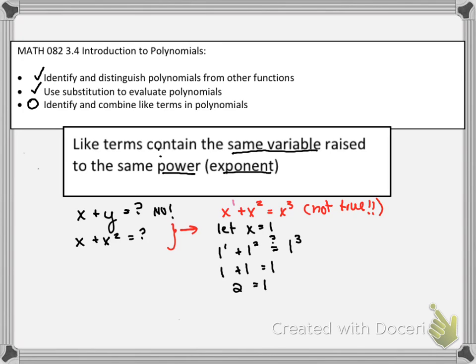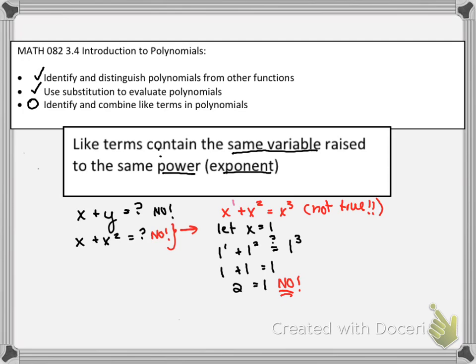So again, if you're ever unsure about what constitutes like terms, just do this little test in the margin of your paper, and it can help you remember that when we add variables with different exponents, there's really nothing we can do. We cannot combine them because they are not like terms.